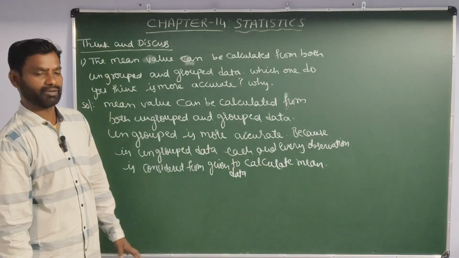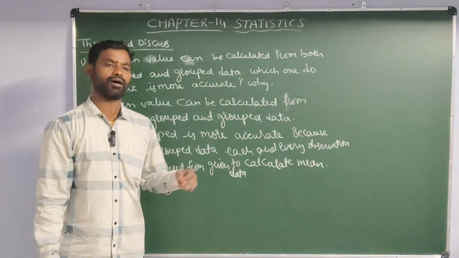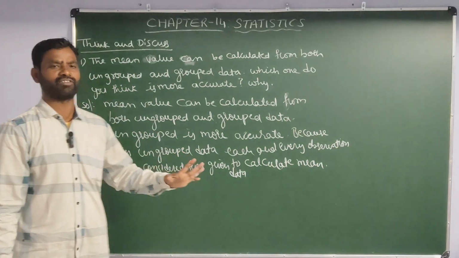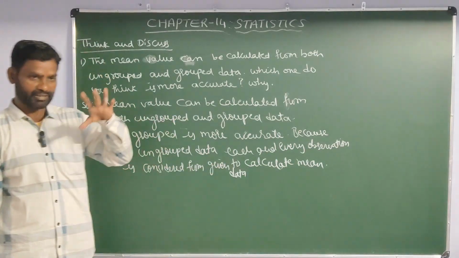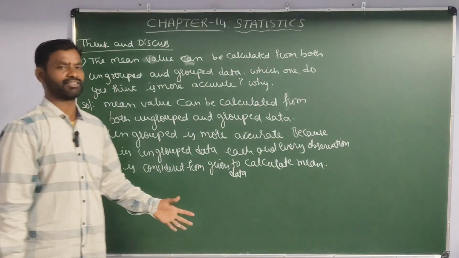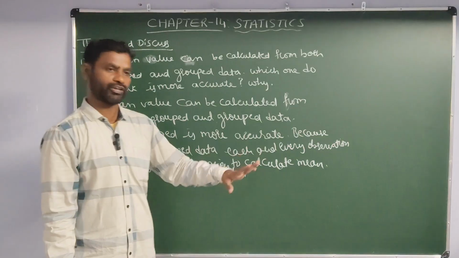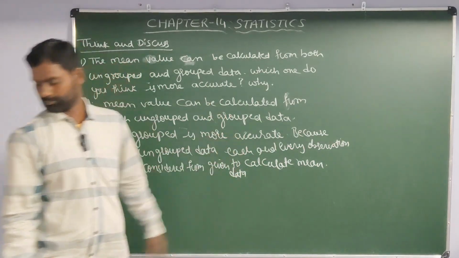The mean value can be calculated from both grouped and ungrouped data. Ungrouped data is more accurate because in calculating the mean, the observations which are given in the data are each used for calculation. That's why ungrouped data is more accurate than grouped data.